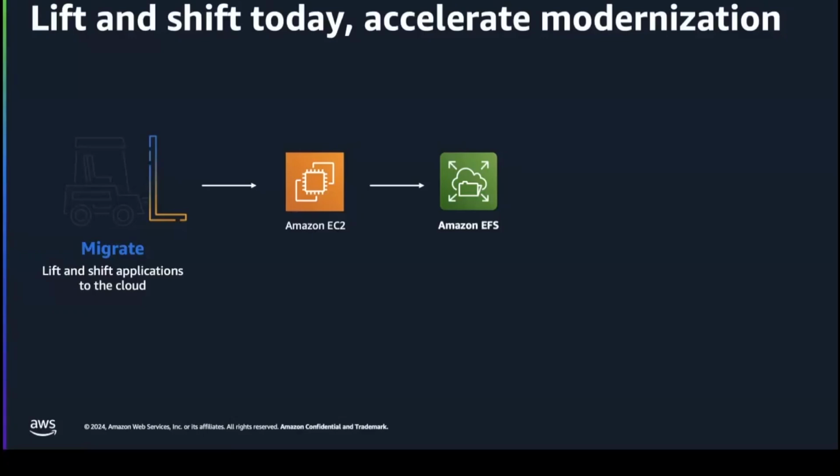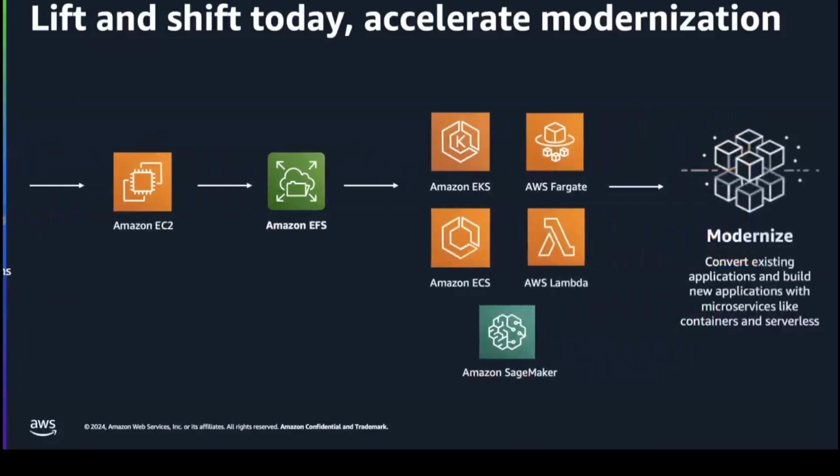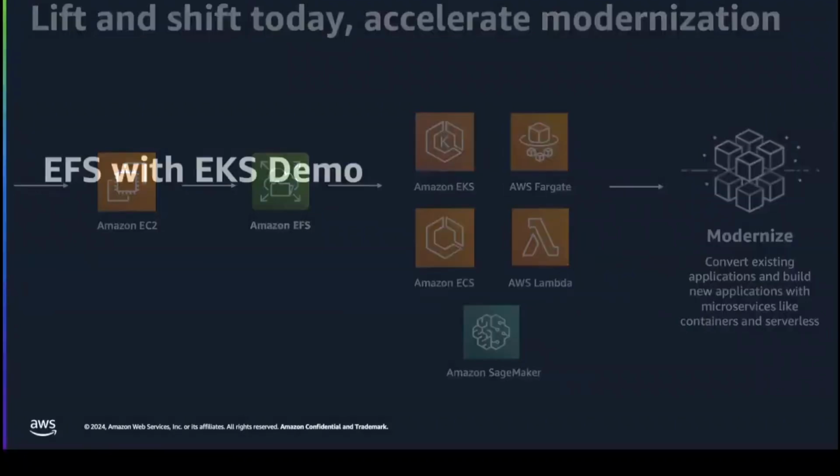And then once it's there, you can start that journey and process of modernization by simply pointing at that file system and accessing that data, whether that's using a machine learning use case with something like SageMaker, or in these microservices examples, running on EKS or ECS and using serverless compute or traditional EC2 instances. All of that becomes possible if the data is already in a service like EFS.